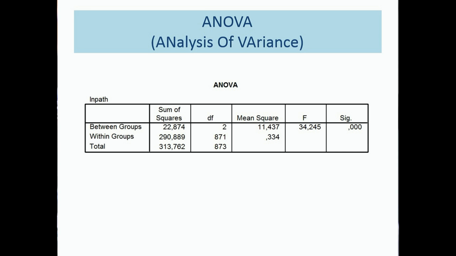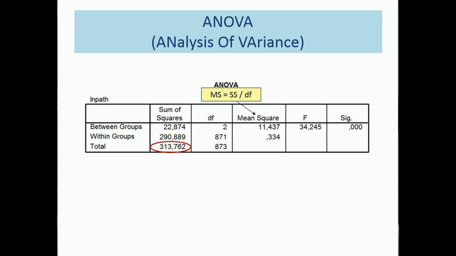In the Anova table, we see that the total sum of squares equals 313.76. This is split in a sum of squares equal to 22.87 between the groups and 219.89 within the groups.